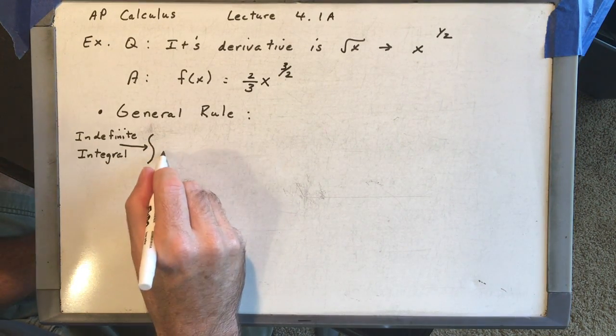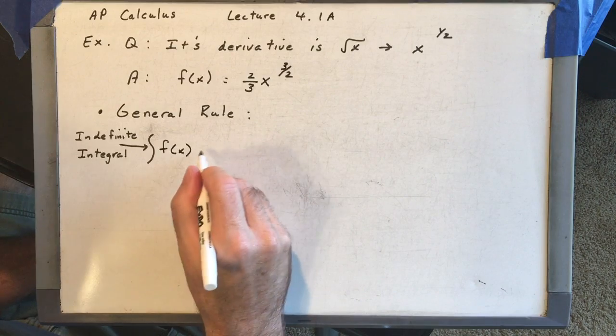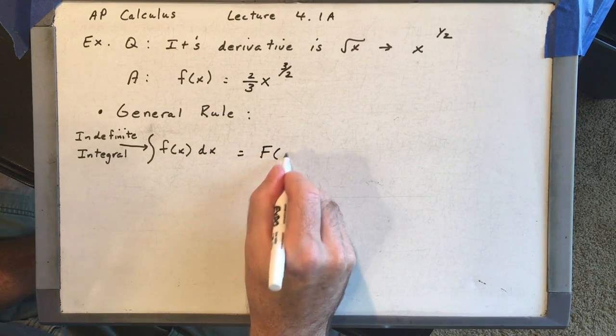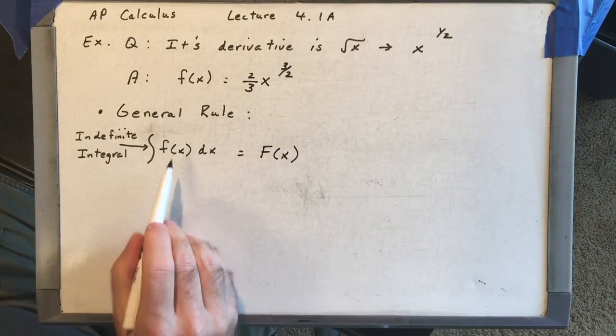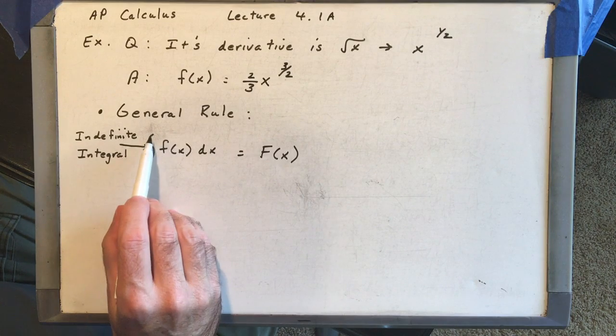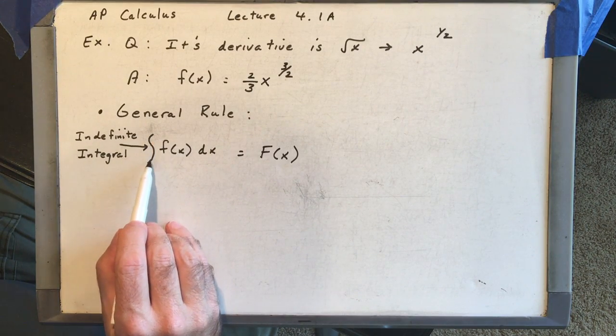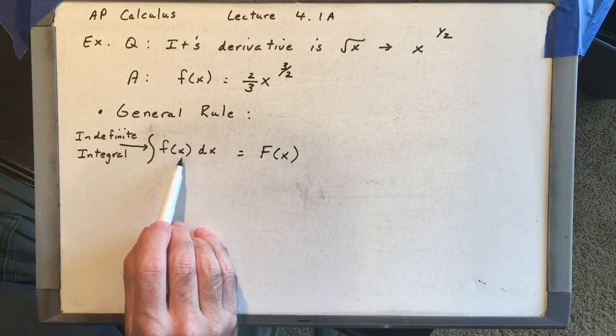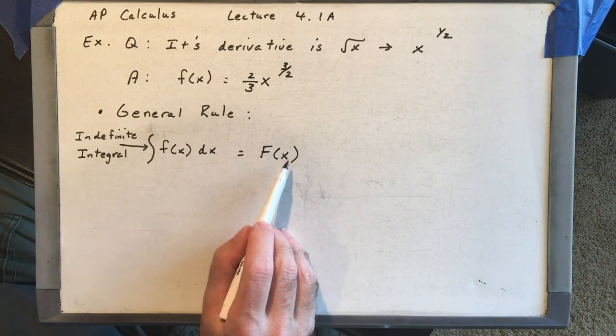All right? Of f of x dx is equal to big F of x. What that means is if I have f of x dx, if I take the antiderivative, that skinny S, that integral means, is a symbol that means take the antiderivative of that. You get the original function.